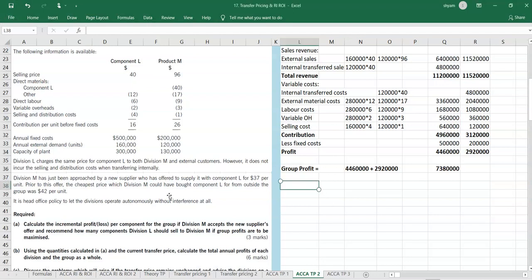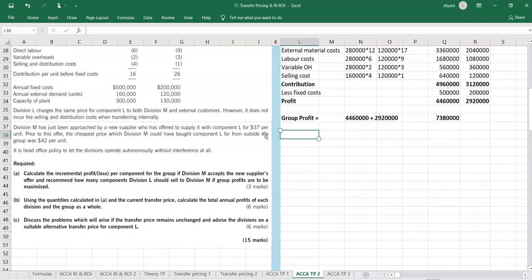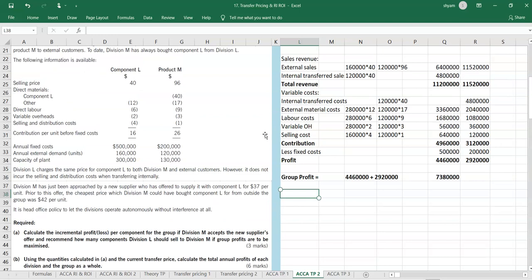So let's go to the C part of the question. Discuss the problems which will arise if the transfer price remains unchanged and advise the divisions on a suitable alternative transfer price for component L. Okay, so what would be the problem if the transfer price remains unchanged? So it is a discussion based question.